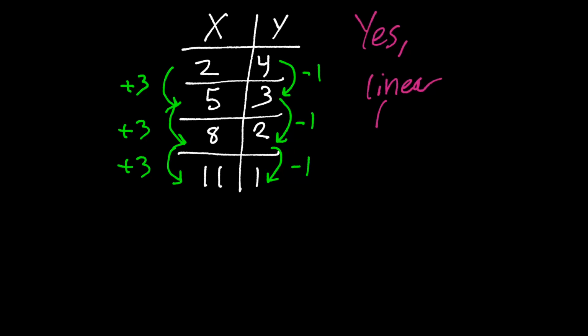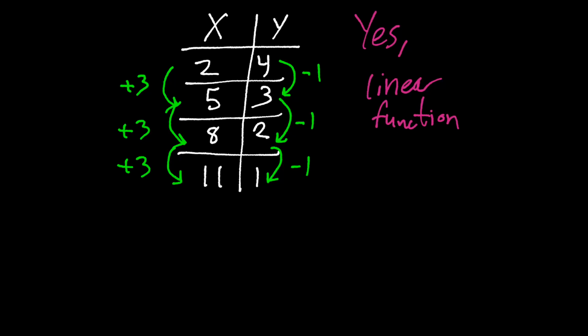Because in a linear function, your x and your y's are going to change at the same rate. Whatever's happening to your x's to change them, it's going to happen each time. And whatever's happening to your y's to change them, it's going to happen each time as well. And if it doesn't happen that way, then we do not have a linear function.